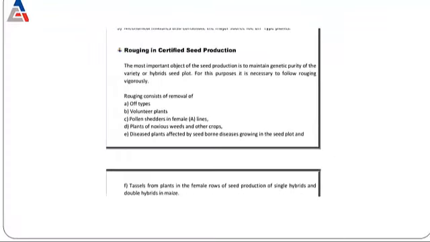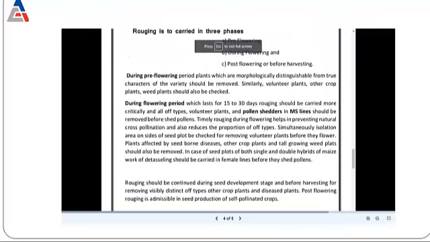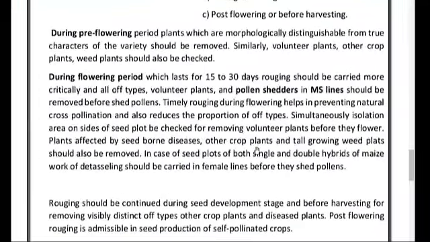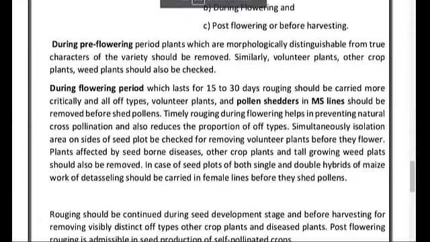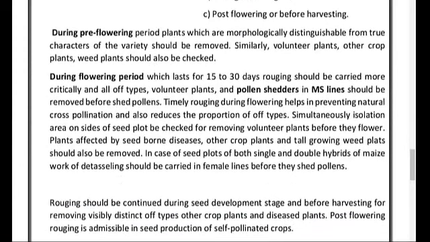Roguing in certified seed production. Roguing is carried out in three phases, which is very similar to inspection: pre-flowering, during flowering, and post-flowering or before harvesting. Before flowering, plants which are morphologically distinct from the character of the variety should be removed. Similarly, volunteer plants, other crop plants, and weed plants should also be checked.